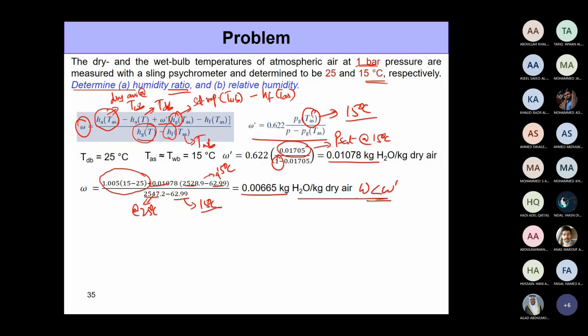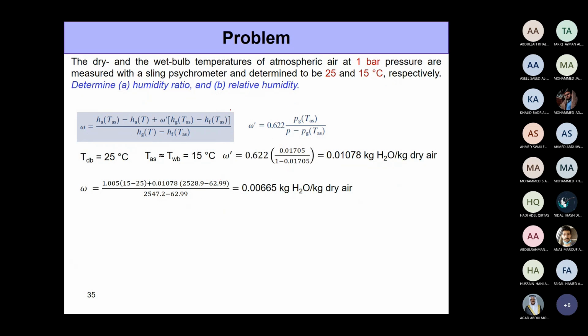Yes, doctor. I didn't get how you calculate omega prime when you use PG. I get the TAS and the P, it's 1 bar. But what's PG? Okay, so basically PG is essentially the partial pressure of water vapor at the exit.